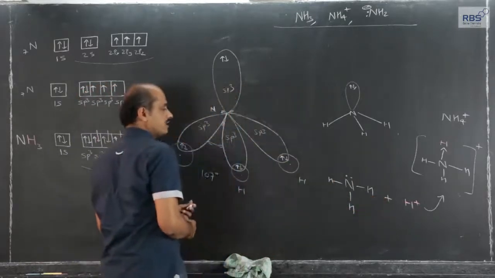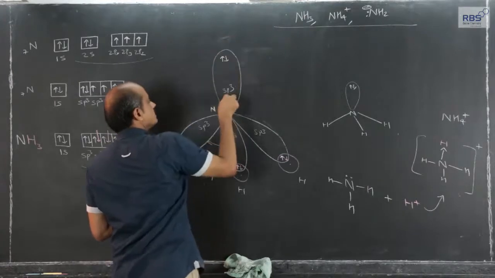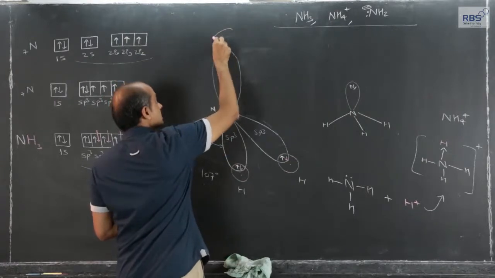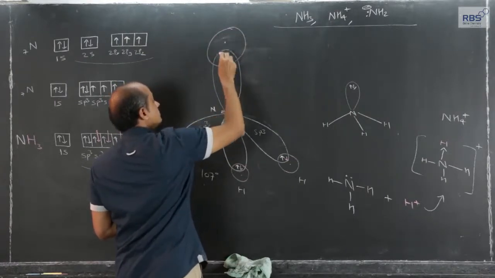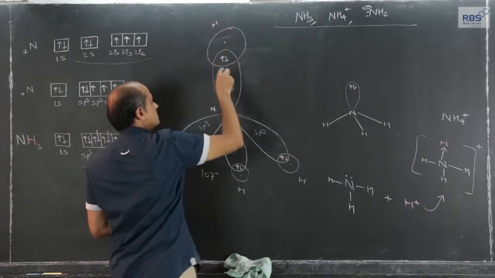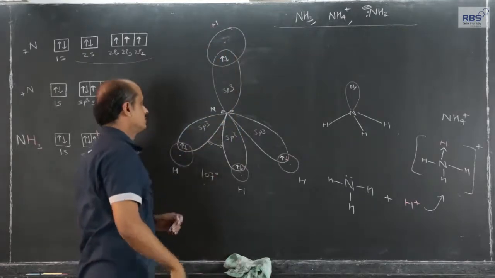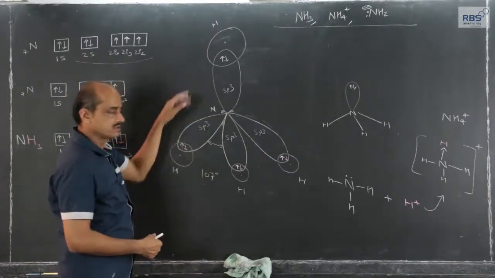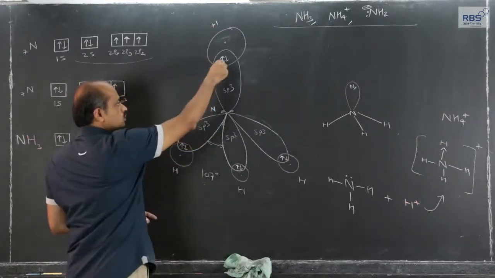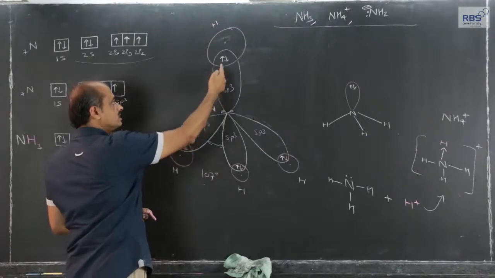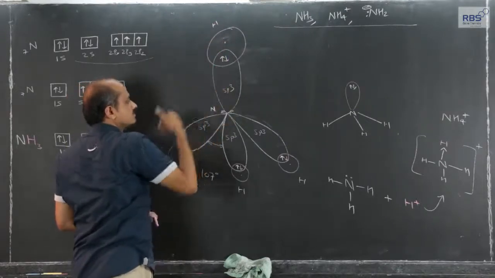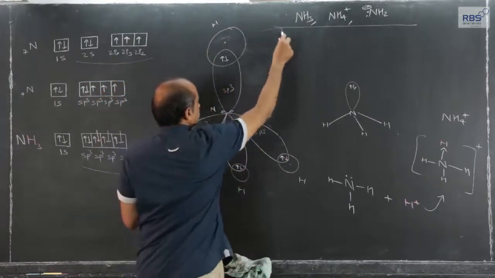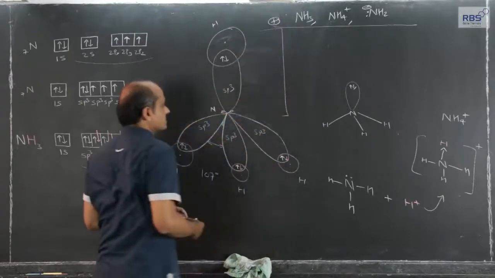The empty orbital of H plus ion and the sp3 hybridized orbital of nitrogen share the electron pair, and this is how ammonia gets converted into NH4 plus ion. Earlier this was a lone pair. Now this also becomes a shared pair between nitrogen and hydrogen. The only thing is that the positive charge of H plus ion becomes a positive charge on the complete NH4 plus ion.